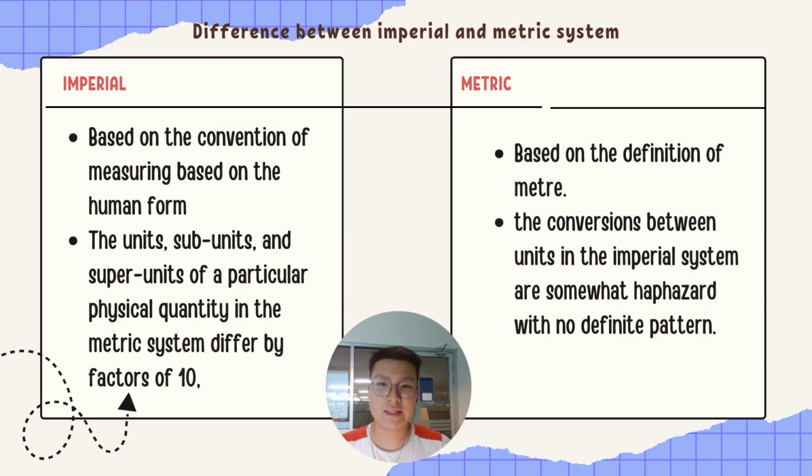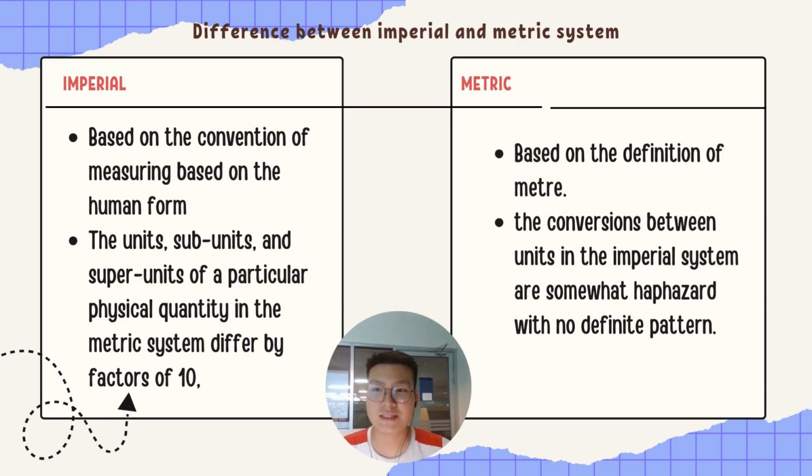Let's move on to the difference between the imperial and metric systems. The metric and imperial systems are different based on their origin, units of measurement, and countries of use. The imperial system is based on the convention of measuring based on the human form, whereas the metric system is based on the definition of the meter.